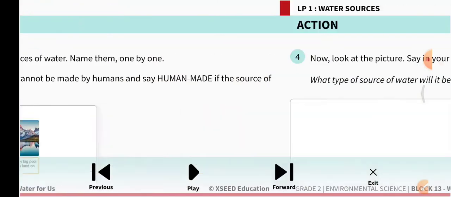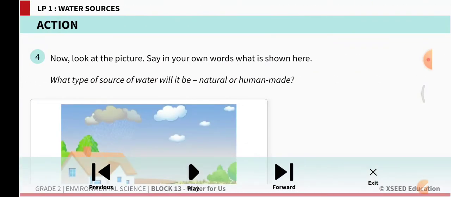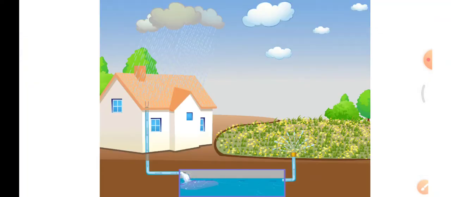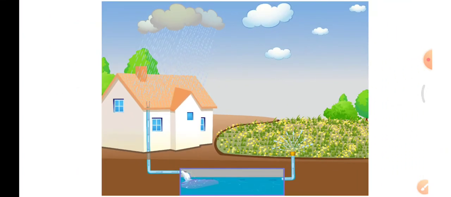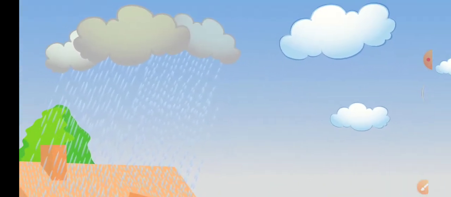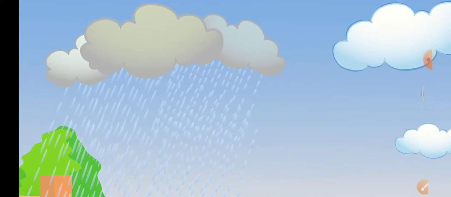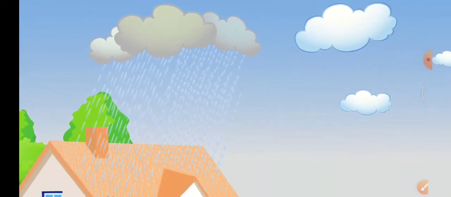Right? Let's move on. So now look at this picture and tell me whether the water that you see is natural or human made. The water source in this picture, is it natural or human made? First of all, if you look at the sky here in this picture, you can see the clouds giving out the rain. So this is natural.